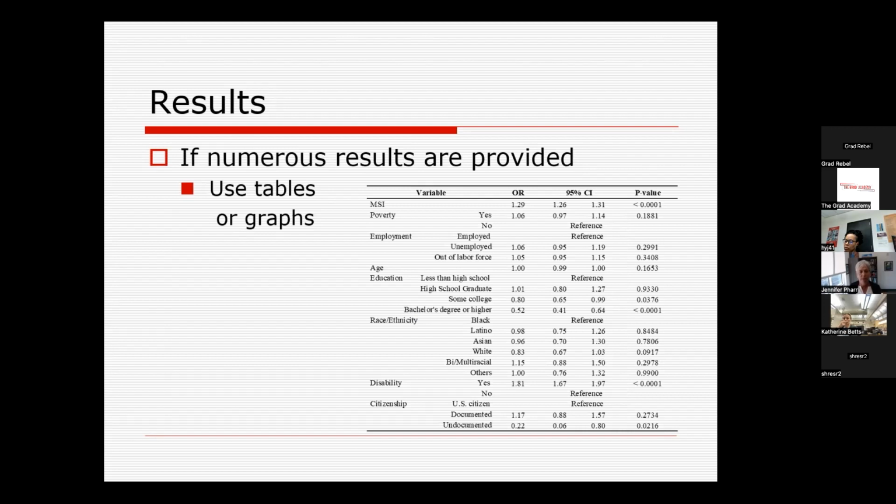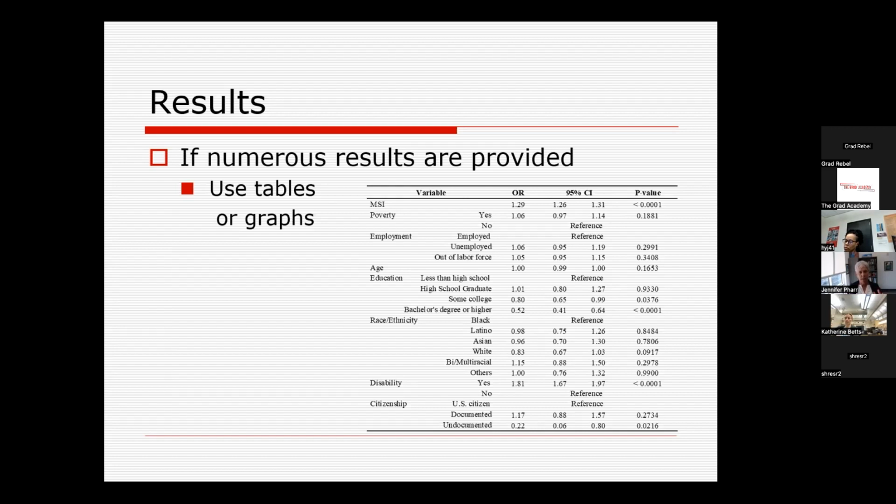But if you're doing more than a simple linear regression, maybe you're doing logistic regression and calculating odds ratios, or maybe you're doing multiple linear regression and you have several independent variables, or you're doing chi-square tests, but you have several different categories, right? You'd want to present that information as either a table or a graph.